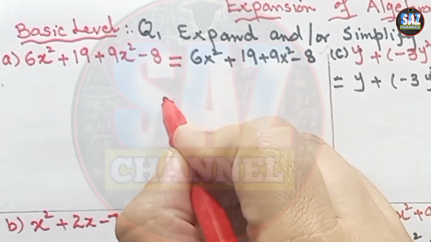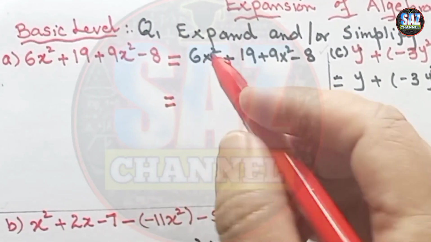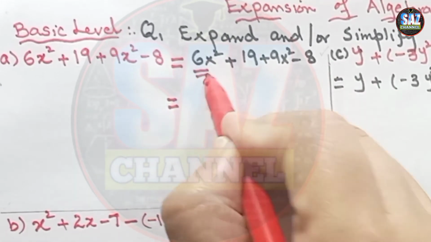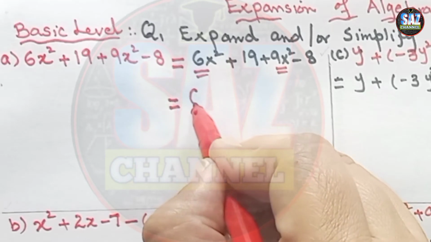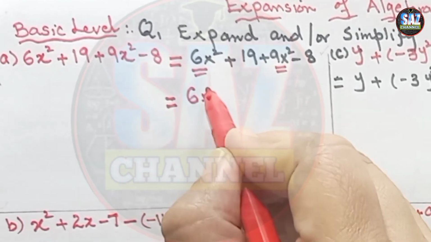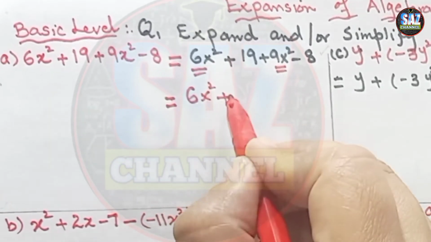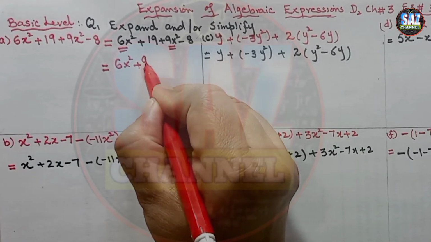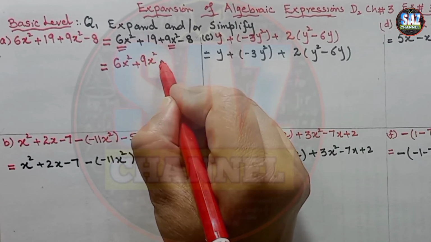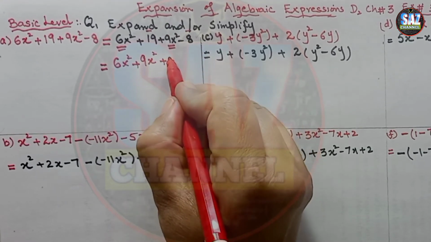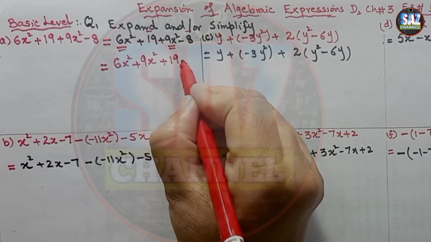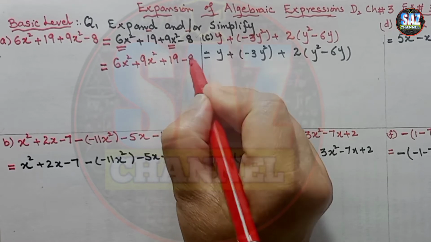If we look at 6x square and 9x square, these are like terms, so we will be writing them next to each other: 6x square plus 9x square. Plus 19 and 8 are like terms, so we will be writing them closer to each other.